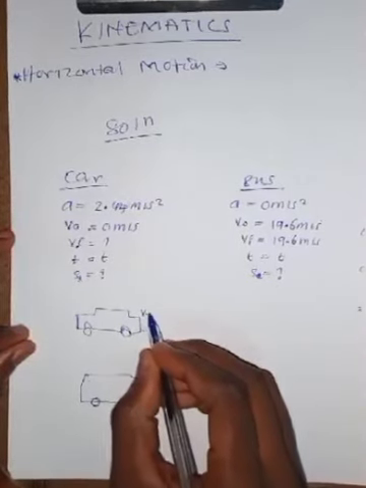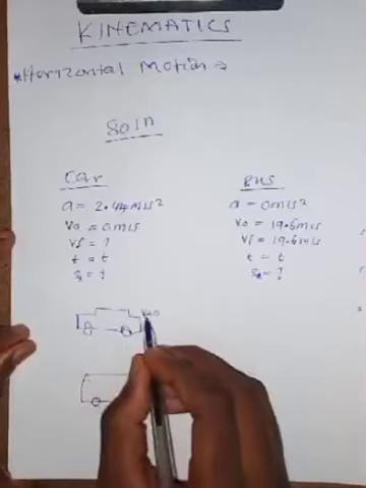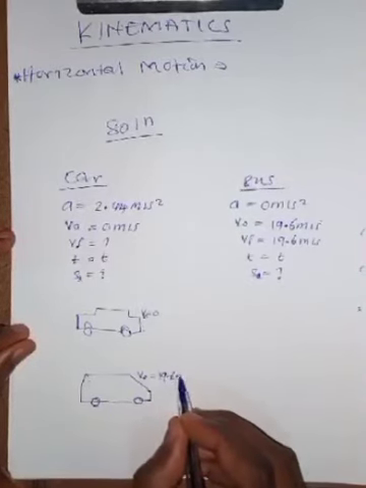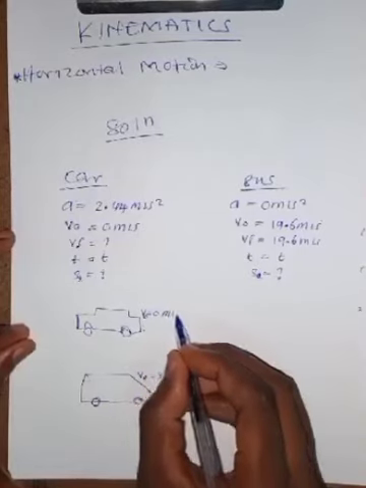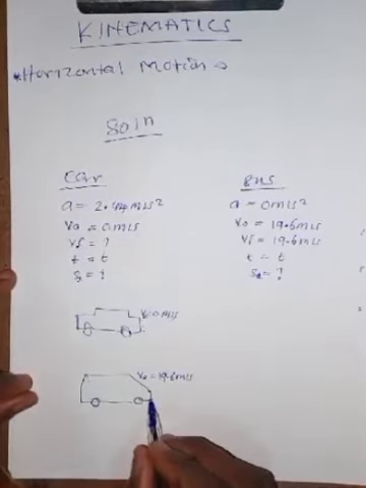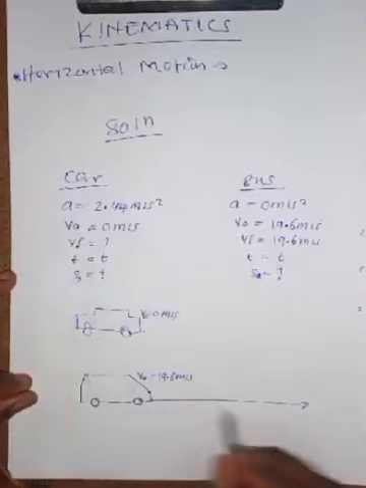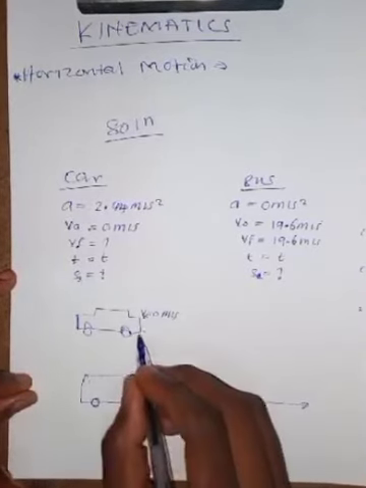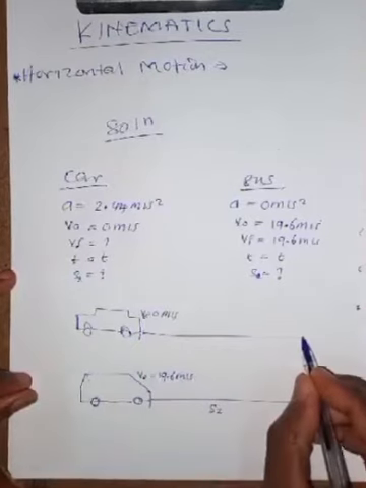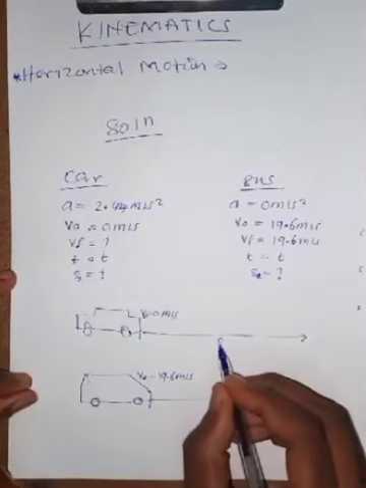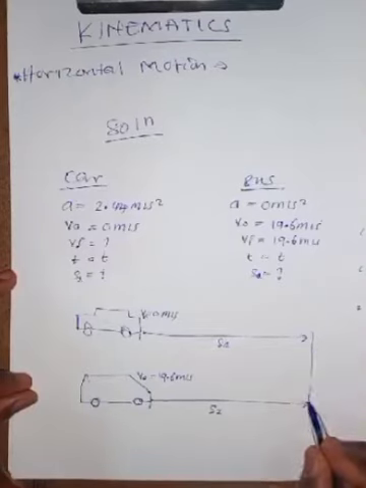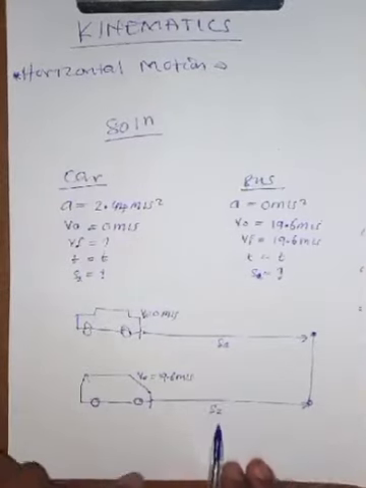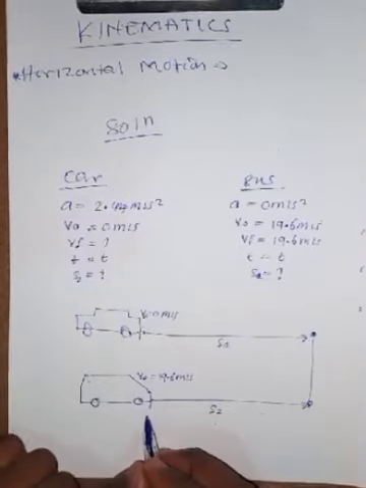So we have the car with the initial velocity of 0. We have the bus with the initial velocity of 19.6 meters per second. These two cover the same displacement for them to meet. So this is S2 for the bus from where they started. This one also had S1, meaning at the point where the car had to overtake the bus, they had to cover the same displacement.